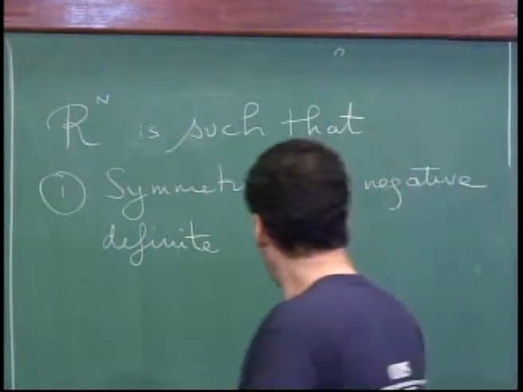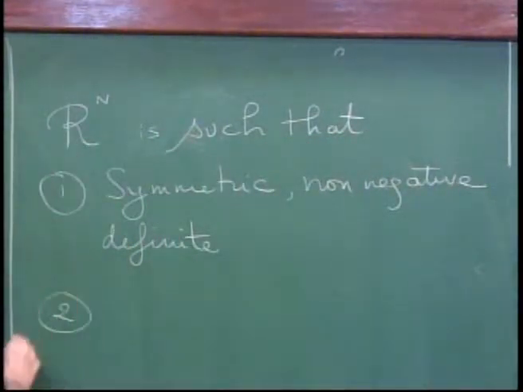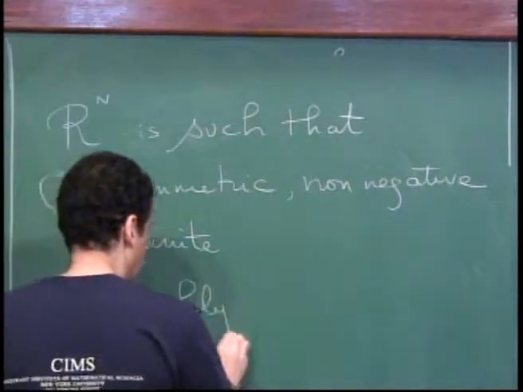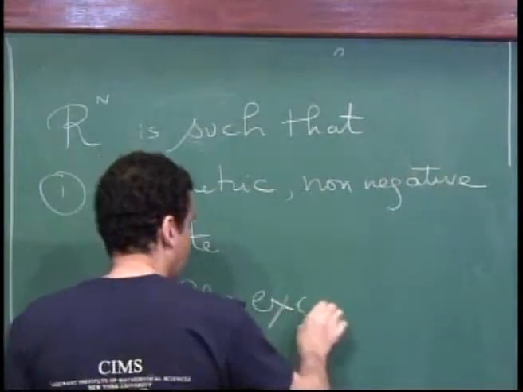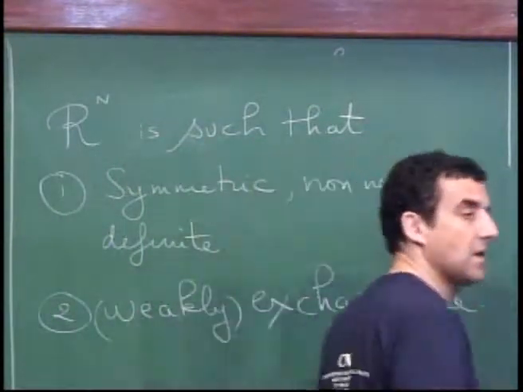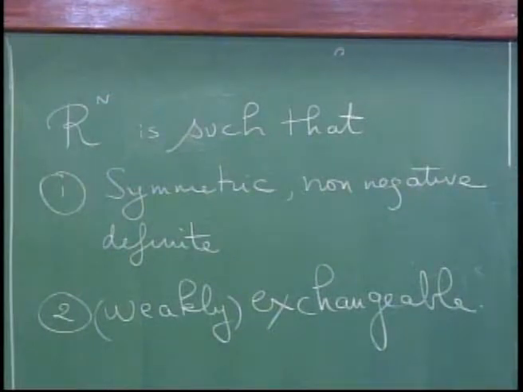But second, it also has another property. It's weakly exchangeable. That's the crucial property. So what does that mean? That means if you take any permutation of the integers with a finite support, let's say a permutation of the first m integers, and you permute the indices, the distribution of R will not be changed, right?